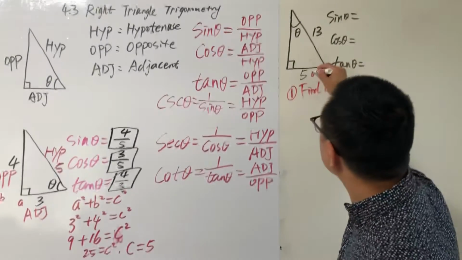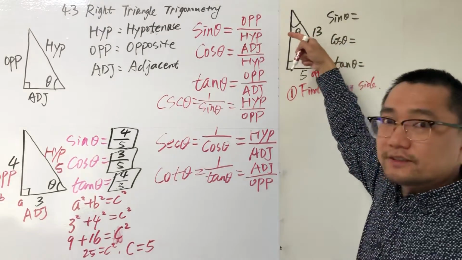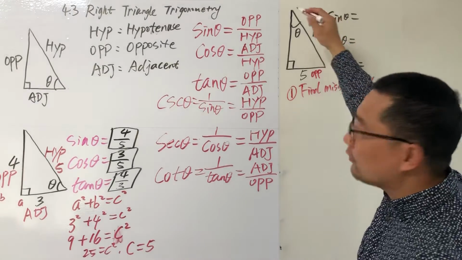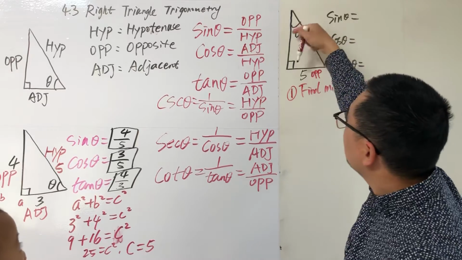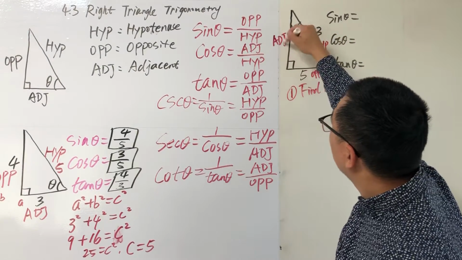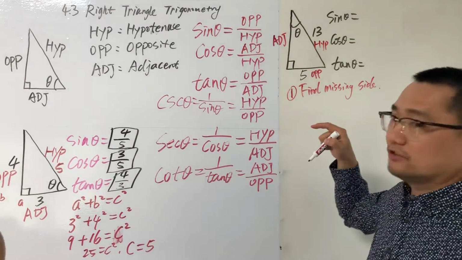This is the opposite side. Okay? And also the hypotenuse side is opposite the right angle. That means this side, always the longest side, is the hypotenuse. So that means the other side, this side close to the angle, is the adjacent. So adjacent is missing. So now we need to find out the adjacent side.